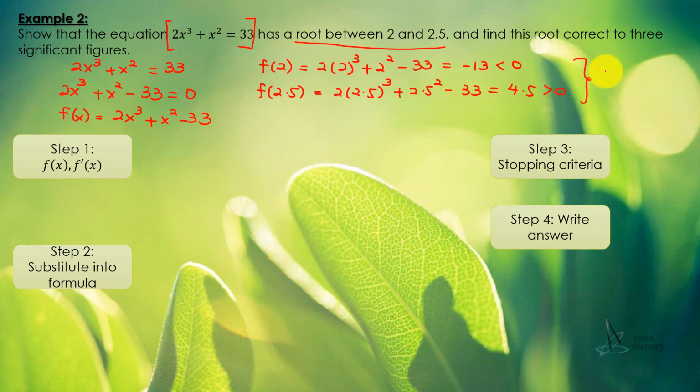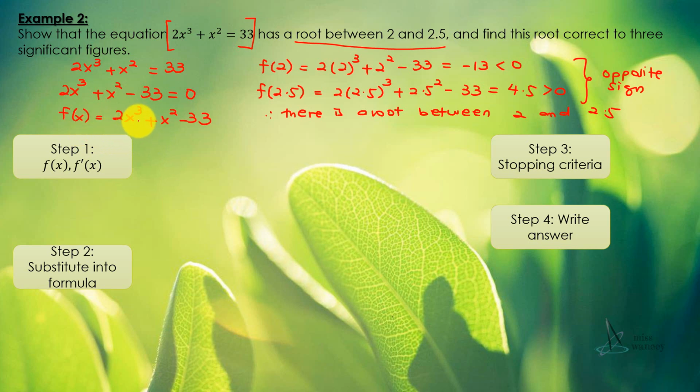As you can see, we have opposite signs. Since we have opposite signs, we can say that there is a root between 2 and 2.5.